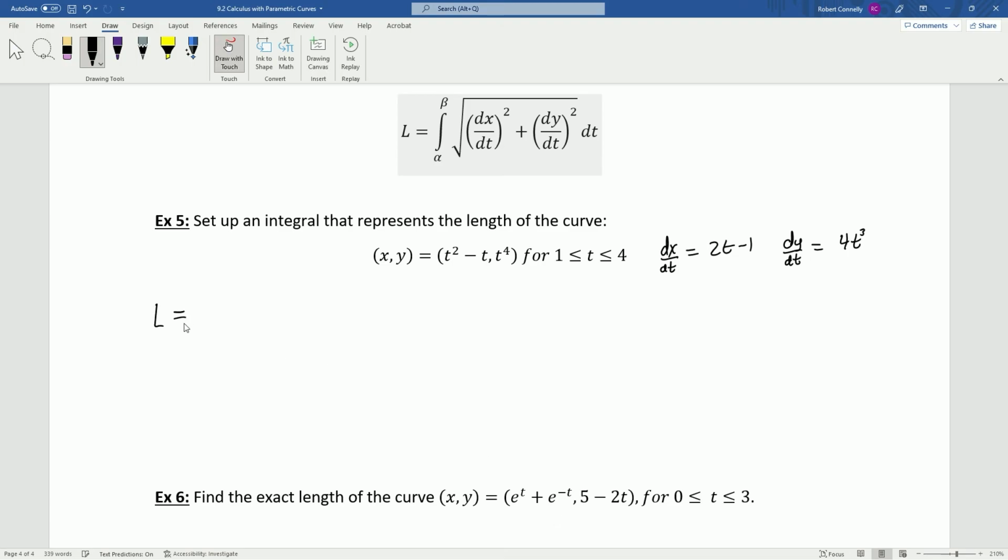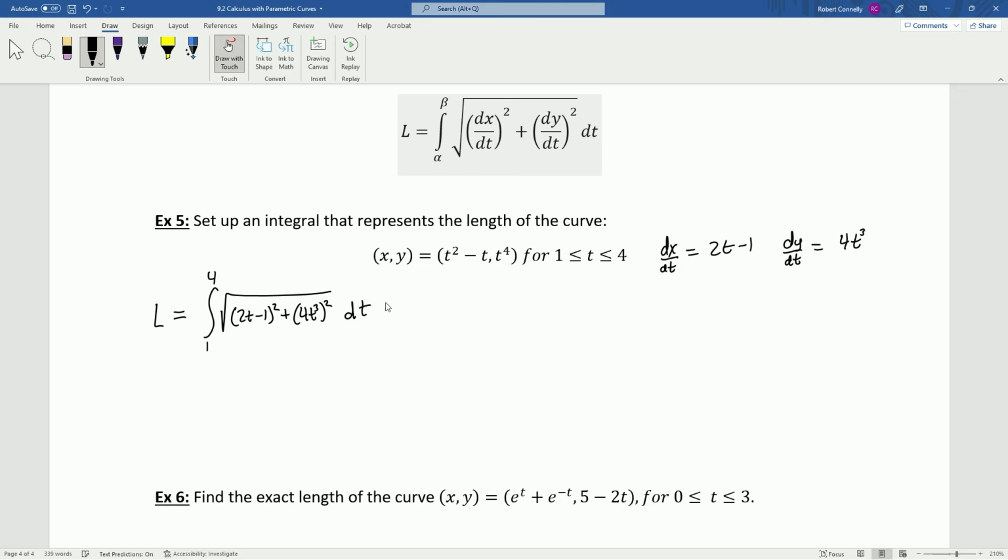So then L will be the integral from 1 to 4 of the square root of (2t minus 1) squared plus (4t cubed) squared dt.